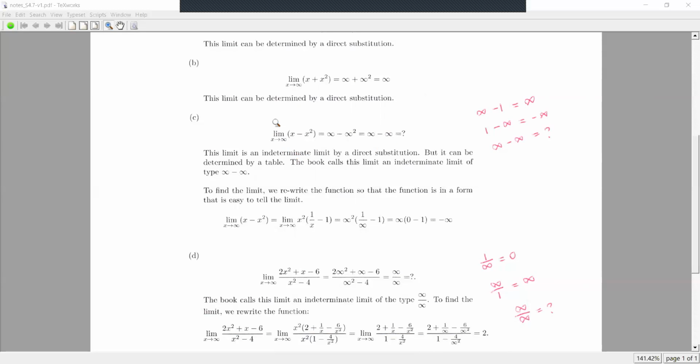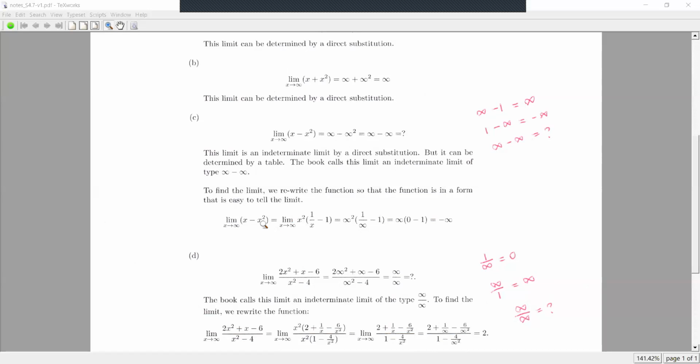Now, how to find this limit? Direct substitution doesn't work. We can turn to a table, yes, but I don't like a table because a table is tedious. Let me rewrite the function into a form in which it is easy to tell the limit. Let me factor x squared out, the highest power. Take x squared out. Then x becomes 1 over x.